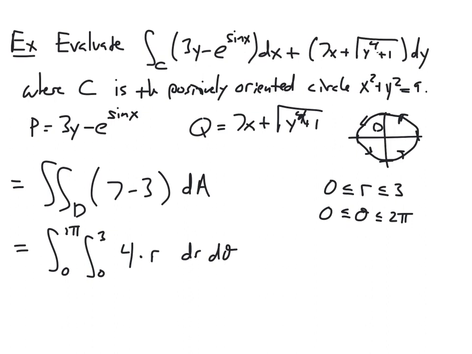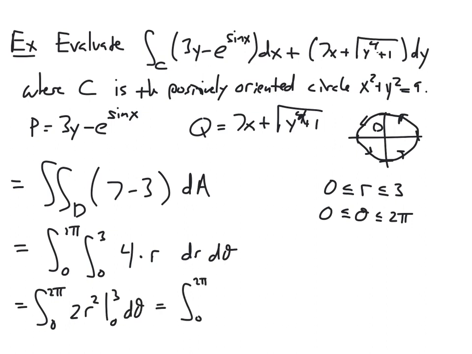So we're actually integrating the function 4r over this region. Once we make this conversion, this becomes a relatively simple integral: the integral from 0 to 2 pi of 2r squared evaluated from 0 to 3 d theta.